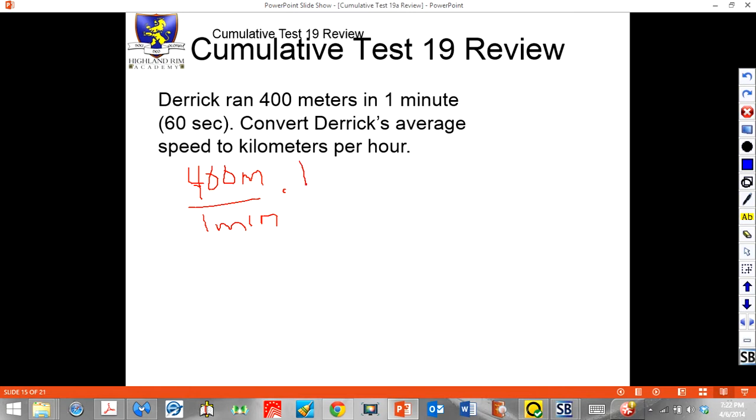So we have 1 kilometer over 1,000 meters. And we want to convert minutes to hours. So we end up with 60 minutes per hour. And so what does that give us?